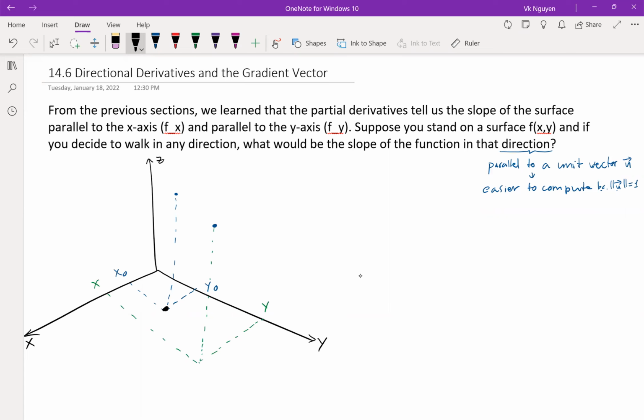We can actually draw a vector here. So let's say that we pick the point so that we get a unit vector u equal (a, b). And this unit vector is going to go right here. x minus x naught, we can set it equal to some multiple of a, and then y minus y naught, we can set it equal to some multiple of b.